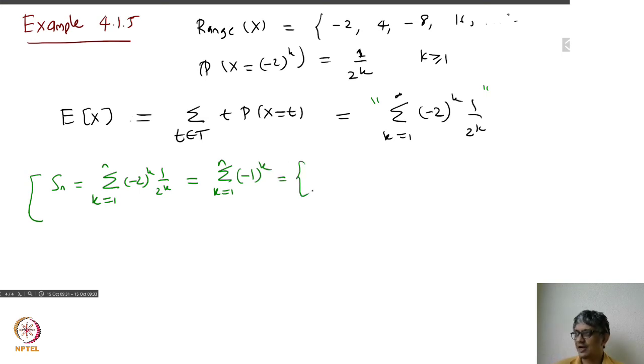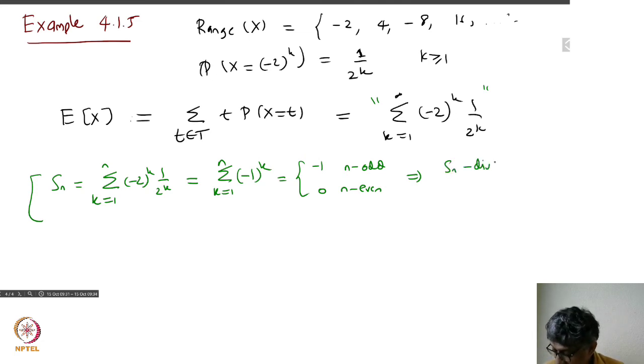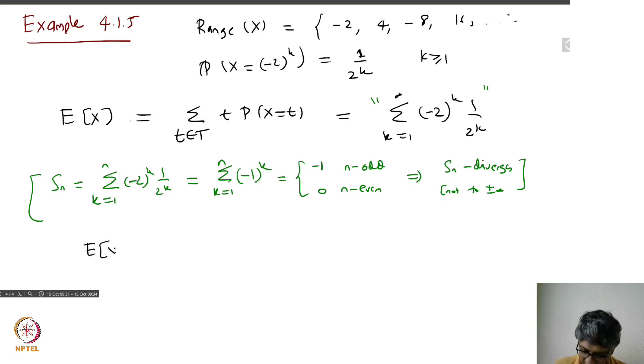If you start with minus 1 and keep adding 1 and minus 1, you get minus 1 when n is odd and 0 when n is even. So S_n diverges, and not to plus or minus infinity, because it keeps oscillating. So we conclude that E of X is not defined.